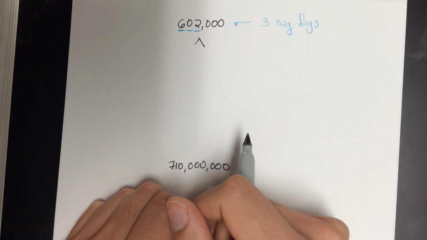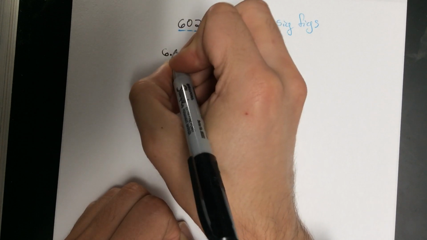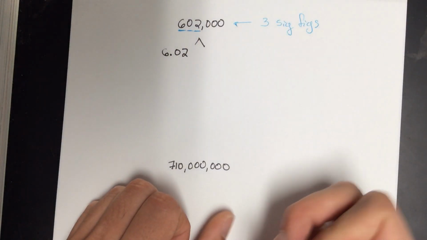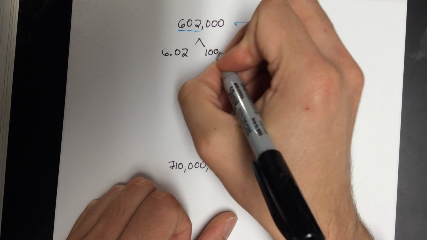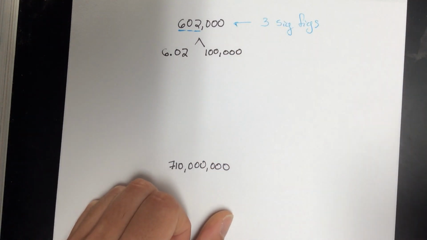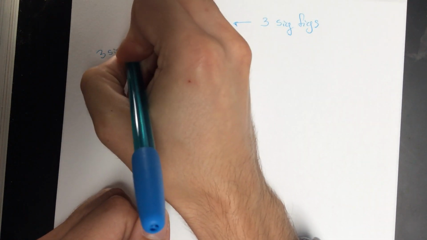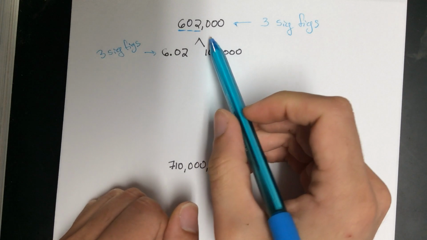And we'll talk more about why I want to do it that way in just a minute. But for now, what that means is I'm going to factor out 6.02, which leaves us with 100,000. Notice that 6.02 also has 3 sig figs, just like the original format of this number.